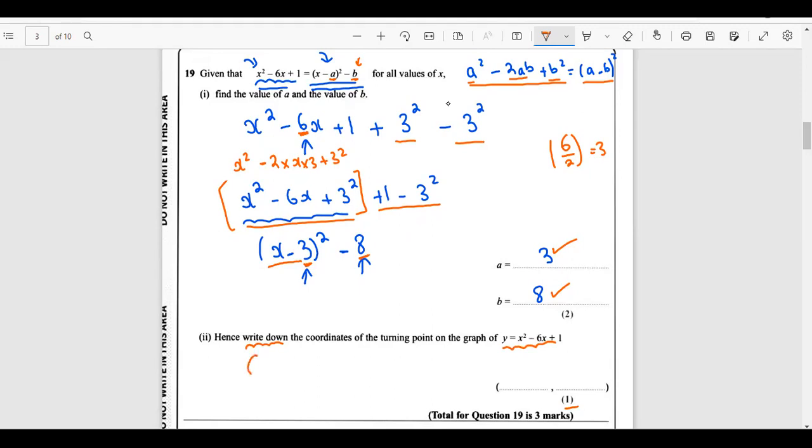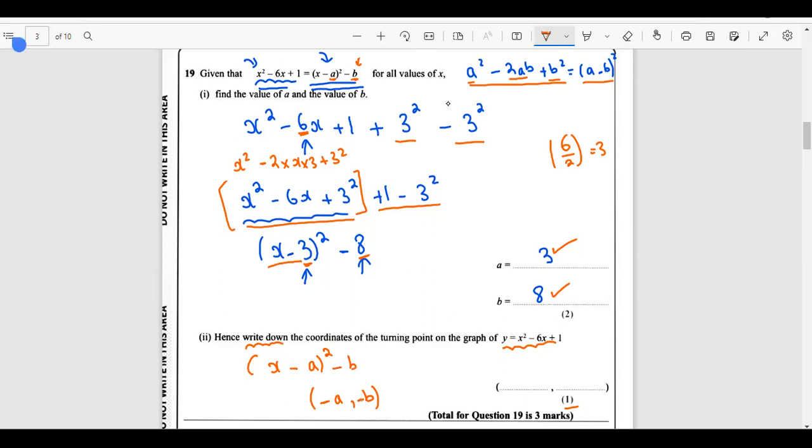Now, what do we know? We know that if we have something of the type x plus a plus b, the coordinates of the turning point are minus a and b. And if I change the signs, whatever the sign is with b would come as it is. Let's say I write it this way, x minus a and minus b.